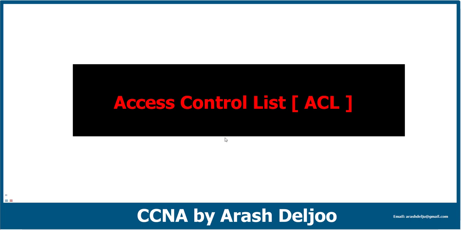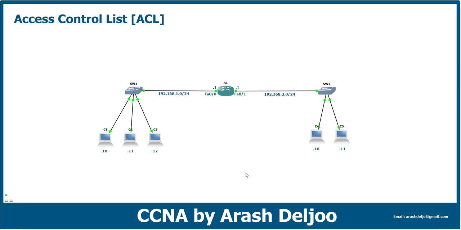Let me first explain what the function of the access control list is. Look at this simple scenario. We have two networks, two LANs, connected to each other with one router, and you can configure this scenario easily.